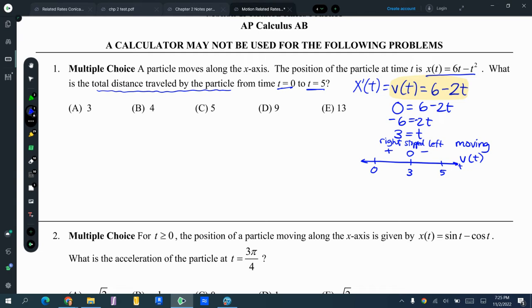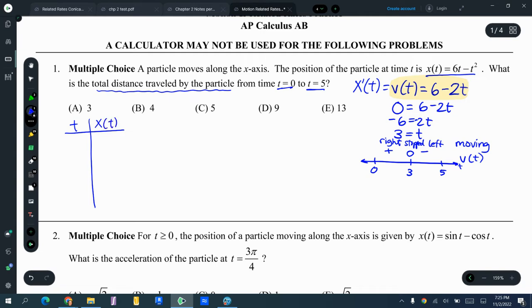Okay, so what that basically means is if I set up a position chart, not with x, with time and position, and we start off at time 0, from 0 until 3, the particle is moving to the right. Well, what is the position? Now we're going to go back and use our position equation.